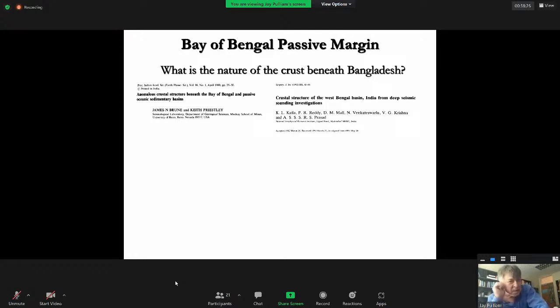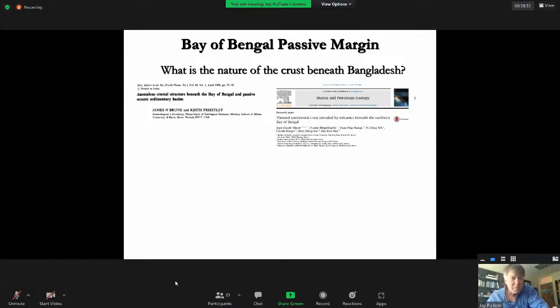And then, okay, there's a refraction study, very high quality, but the problem is that it's too far to the east, and they did have a couple of stations in Bangladesh, but they didn't really use them. And so it represents the structure underneath West Bengal, the Indian state of West Bengal, which is continental. So, but still, there's back and forth. So it's either oceanic or continental.